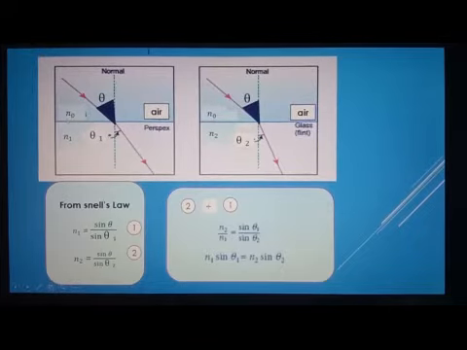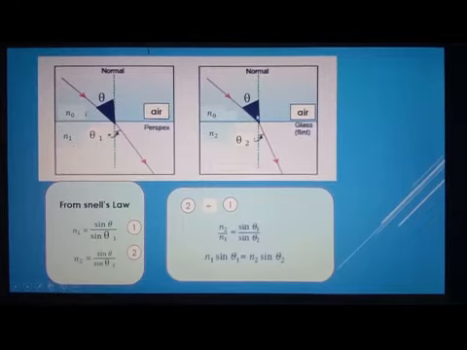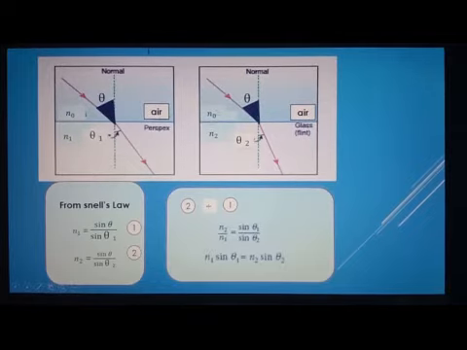The density of air is the lowest, and light speed in air is equal to that in vacuum, 3 times 10 to the power of 8 meters per second. So for this one we put the refractive index of air as n0. For perspex we mark it as n1 and the angle of refraction as theta 1. In the second diagram, for air we put n0. For the second medium, glass, the angle of refraction is theta 2.